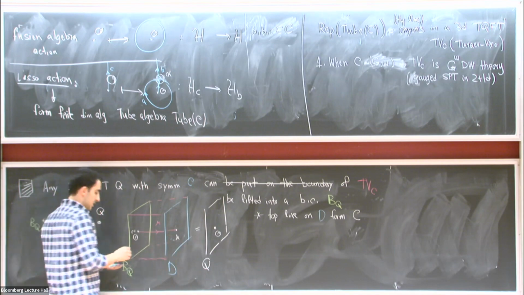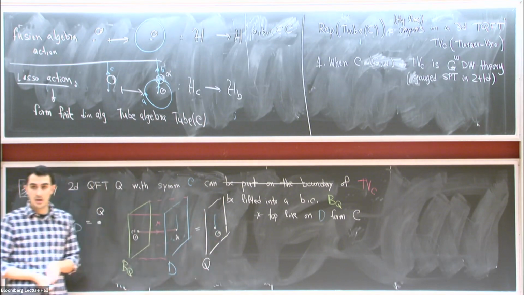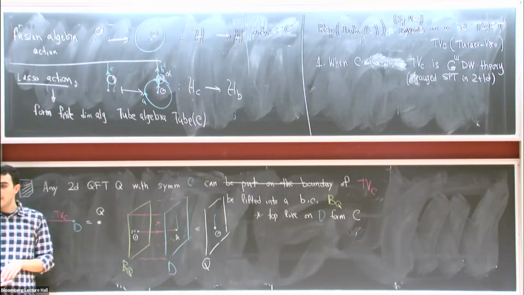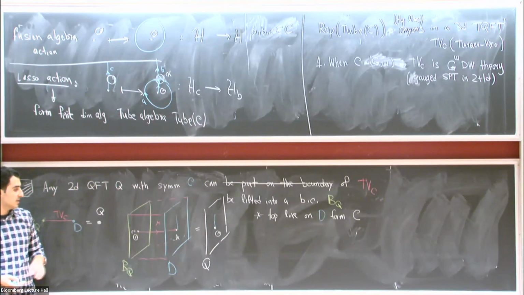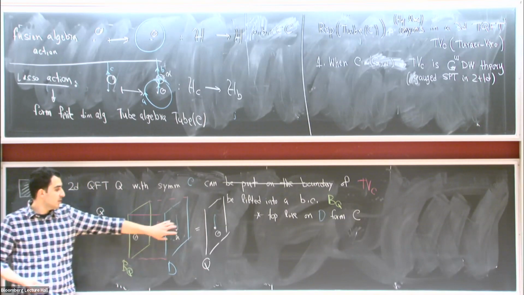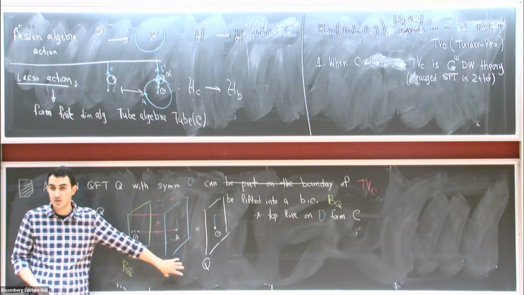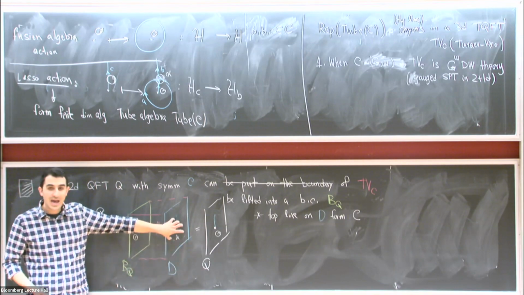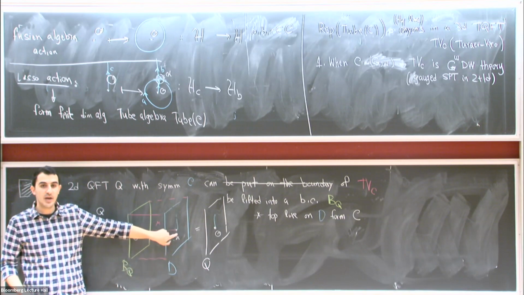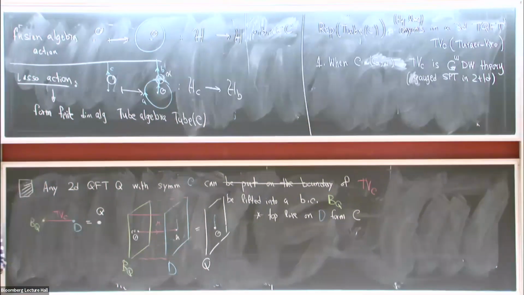I could also consider something in the twisted sector. Now this immediately tells me that this bulk line labels a representation. Why? Because the symmetry only acts on this topological boundary D. This is the non-topological boundary, this is the topological boundary. And when I act on here, I can only change this label X. So I won't touch this bulk line mu. And that means that the bulk line labels a representation of my symmetry, or tube algebra.